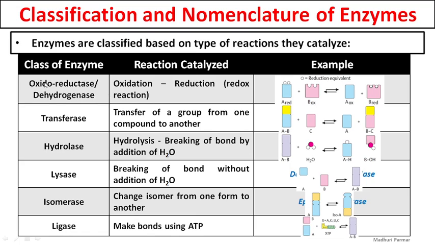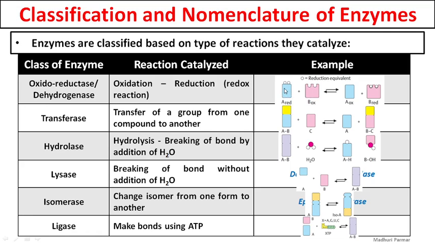Oxidoreductase or dehydrogenase type of enzymes perform the reaction of oxidation reduction, or redox reaction. Example here, as you can see, this A or this blue colored molecule is reduced. It has these two hydrogen atoms, or let us say electrons. It is reduced, and here the B is oxidized.